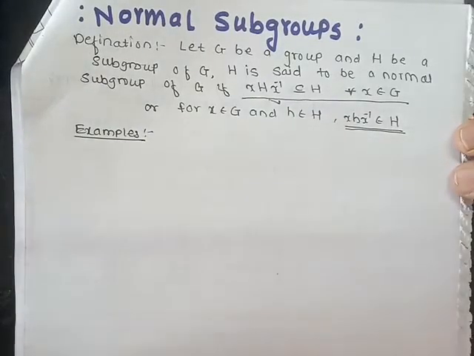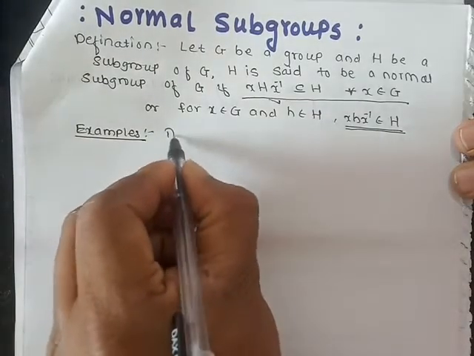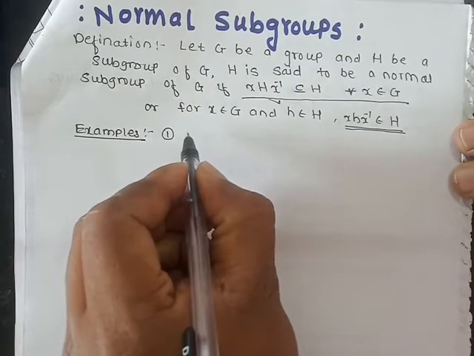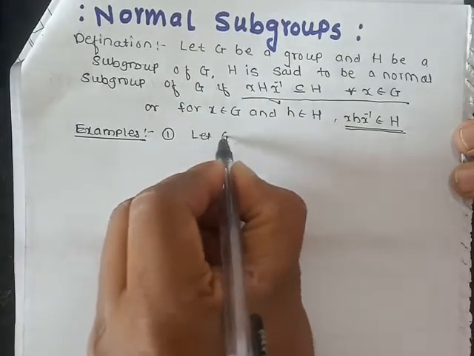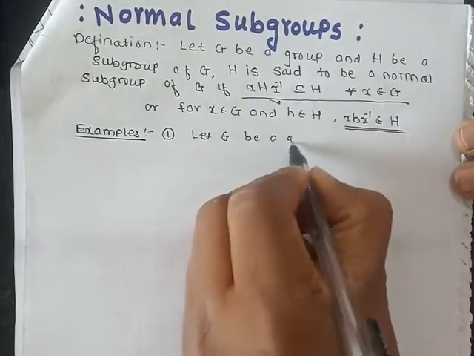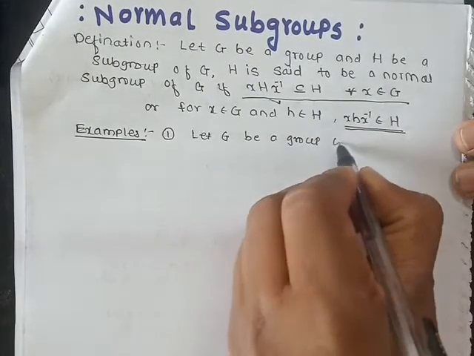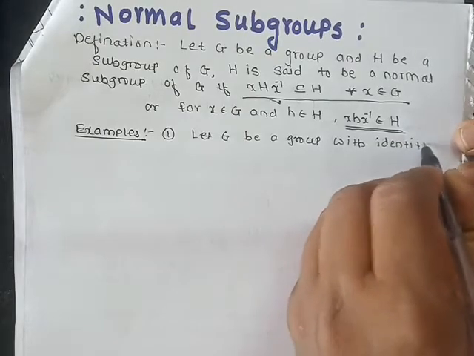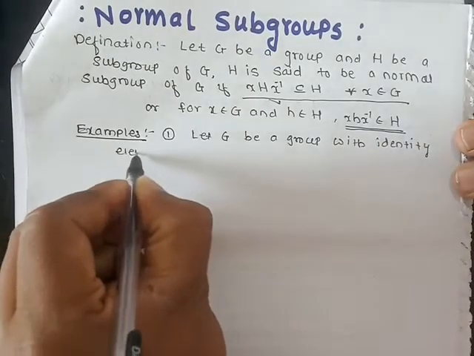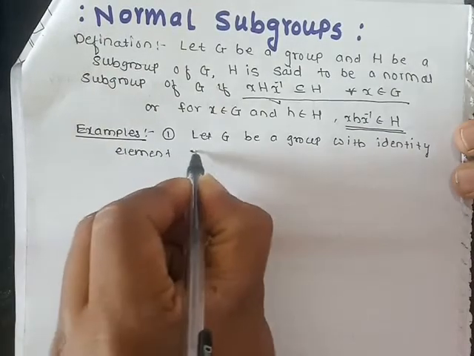Now, examples of normal subgroup. First example: let capital G be a group with identity element e.